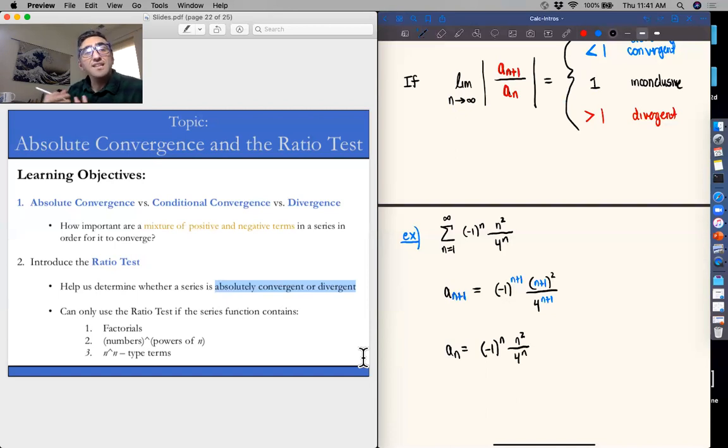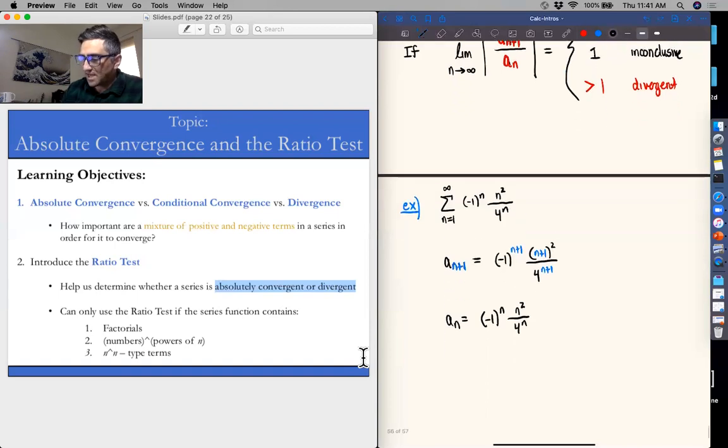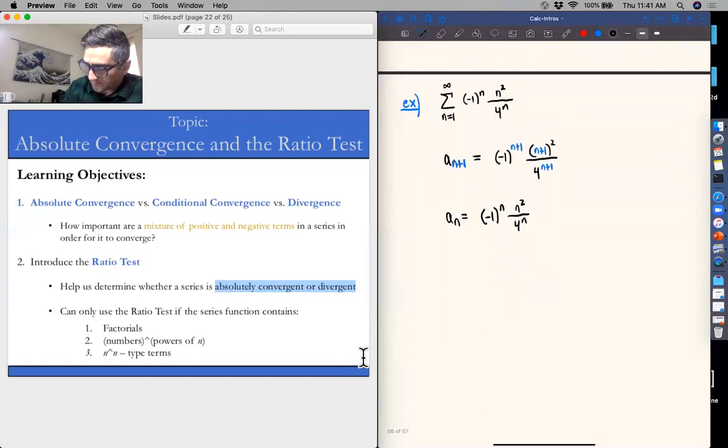So let's look at the ratio of those two things and take the limit as n goes to infinity in absolute values.